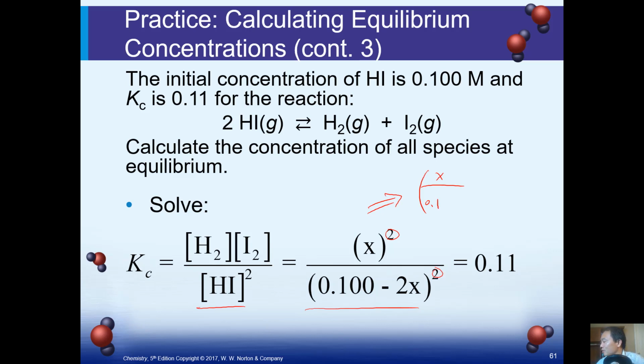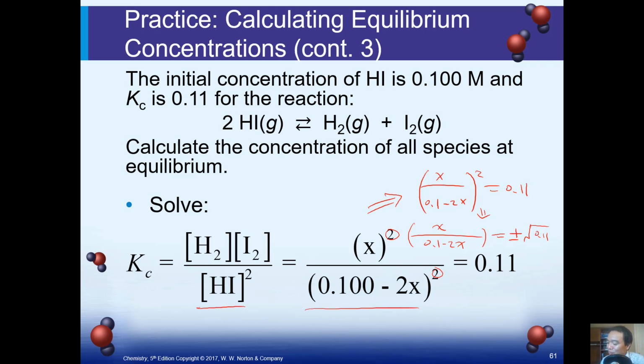So 0.1 minus 2x squared is 0.11. This gives you x over 0.1 minus 2x, and this will be plus or minus the square root of 0.11. You see that? Okay. Hey, why is that?